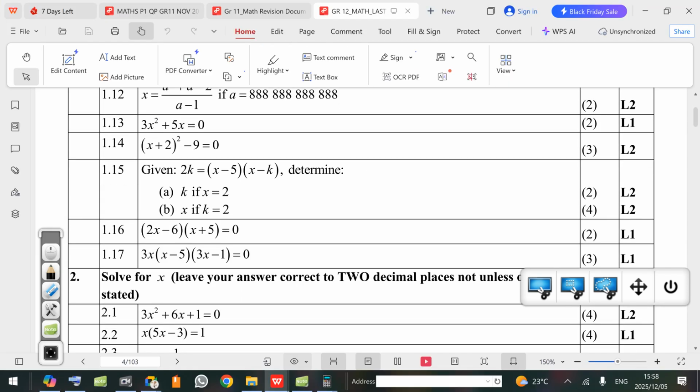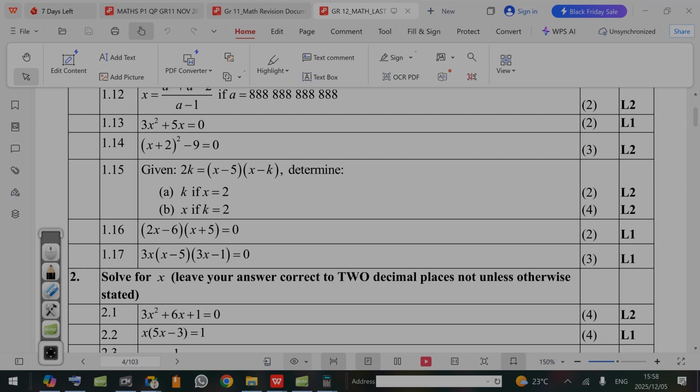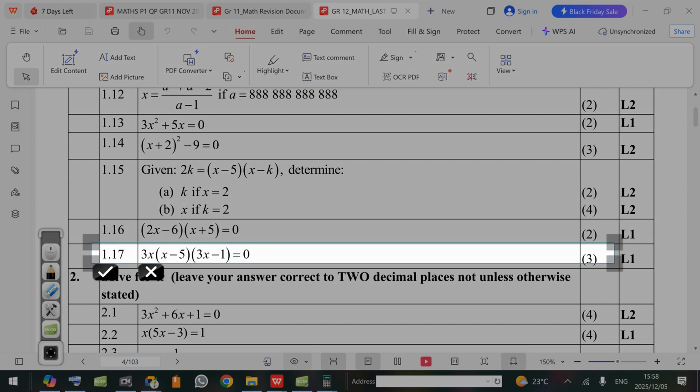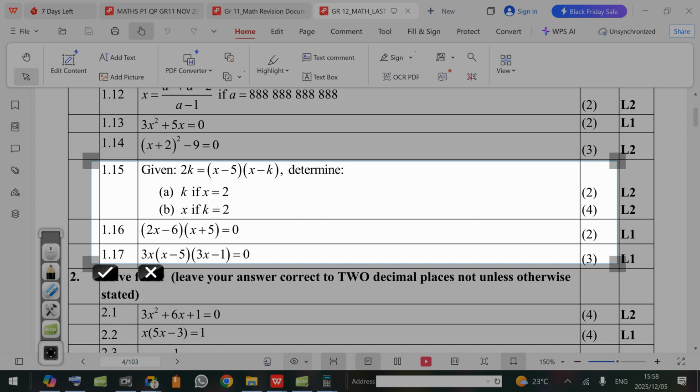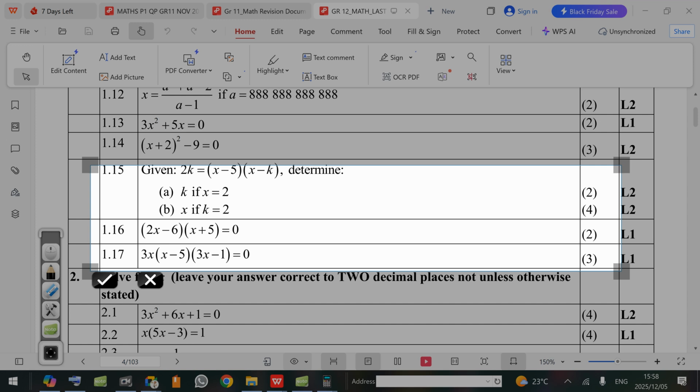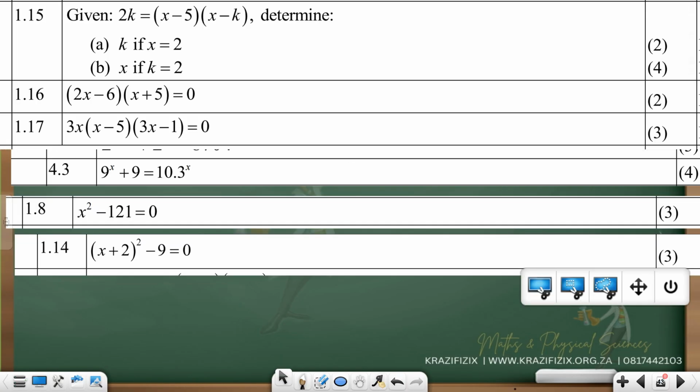And the last one, number 17. Let's take 15 to 17. Yeah, I'm seeing some nice ones there.